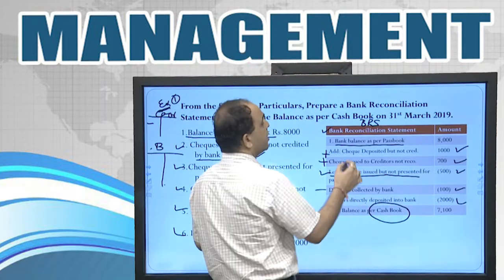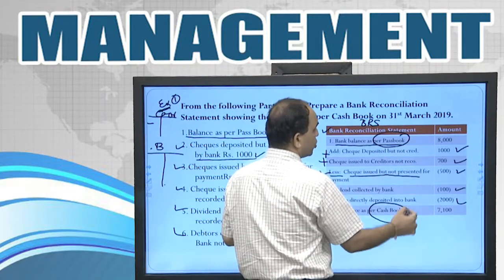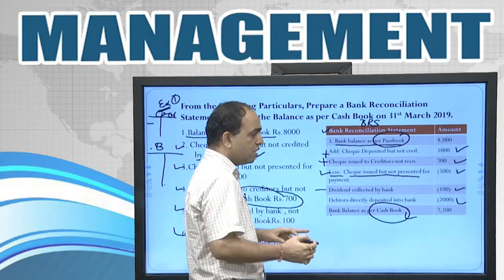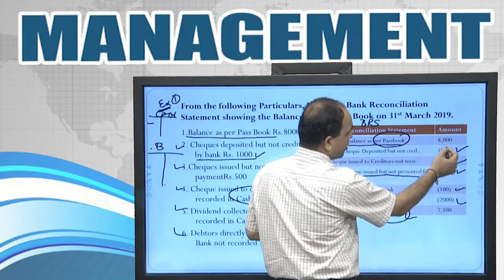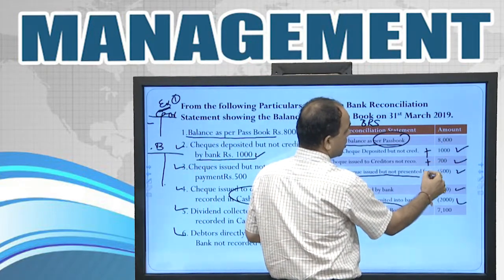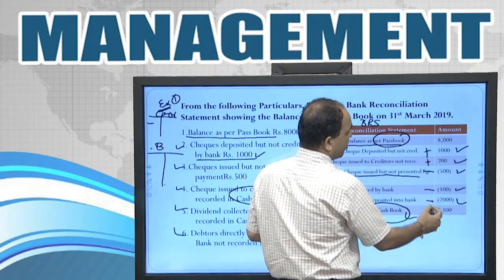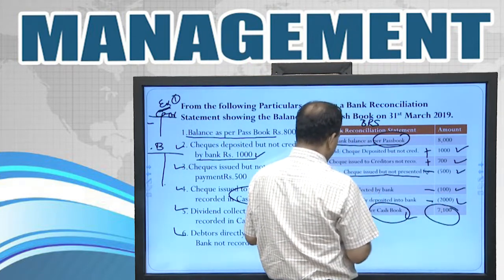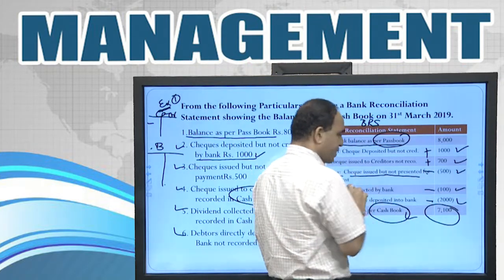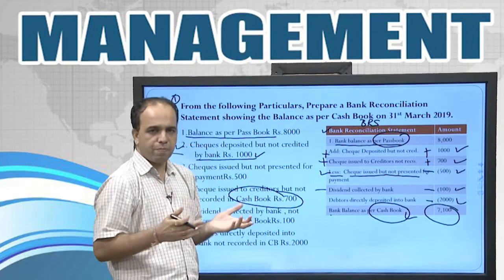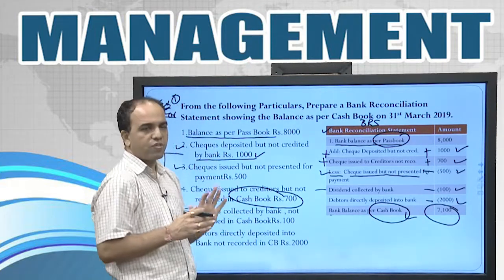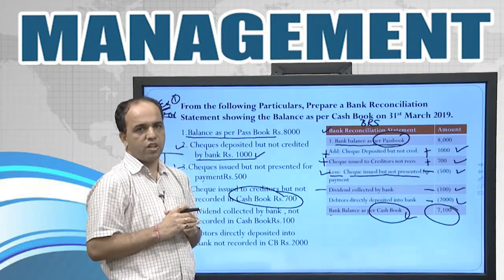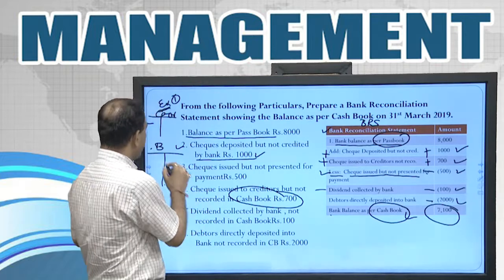As I said, if you have started with the passbook, you have to end with the cash book, right. So, ultimately after plus and minus we got 7,100, which is called bank balance as per cash book. This is very important, friends, that this type of transactions we generally record in the bank reconciliation statement.